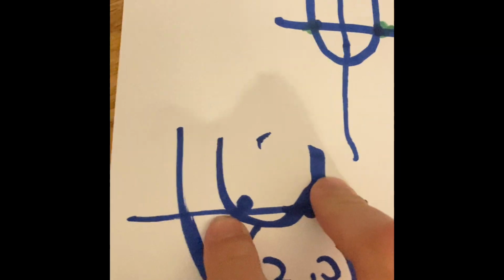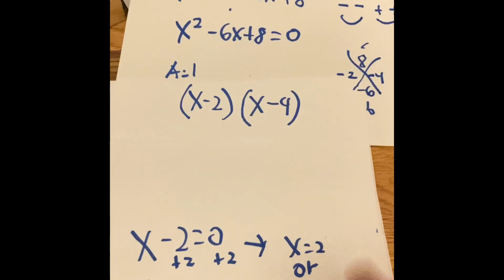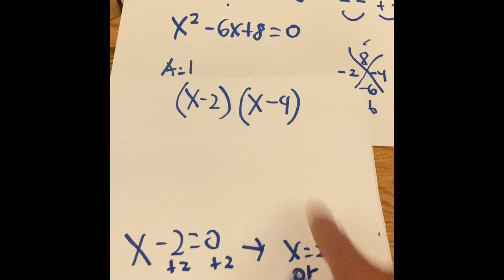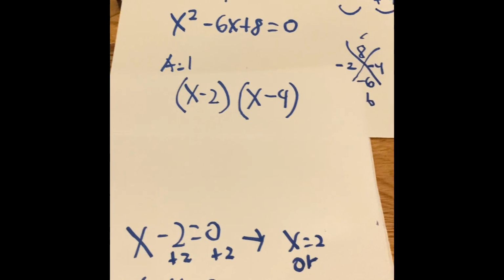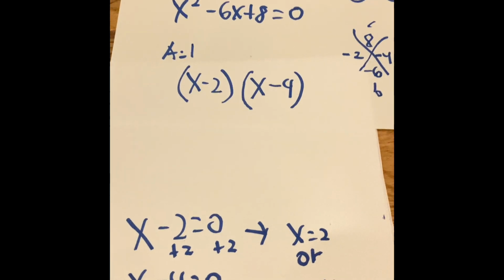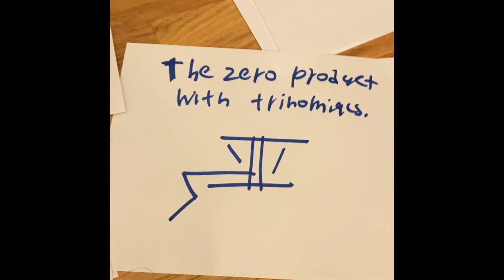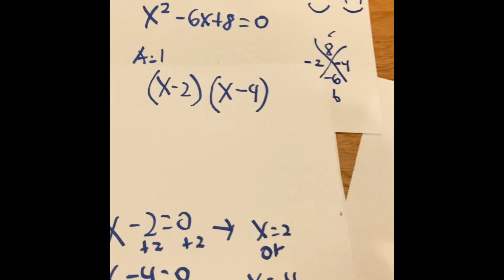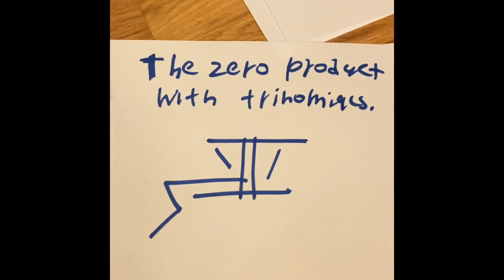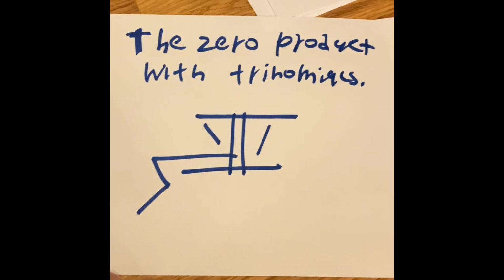Those are the x-intercepts, which means without totally graphing the parabola, we have algebraically proved the parabola's two x-intercepts. And that is why we use the zero product with trinomials. With this algebra trick, you can graph and find the x-intercepts of any quadratic trinomial.